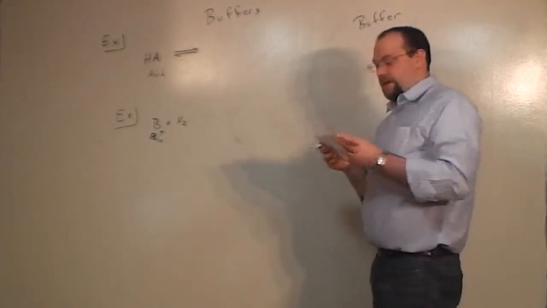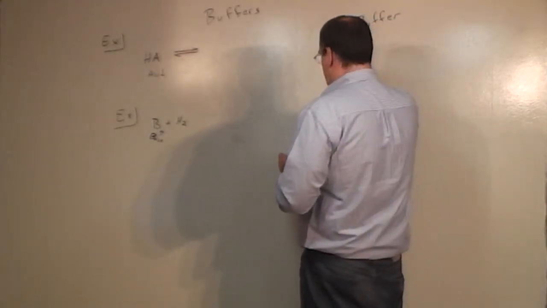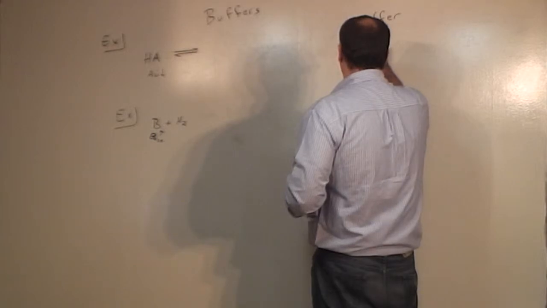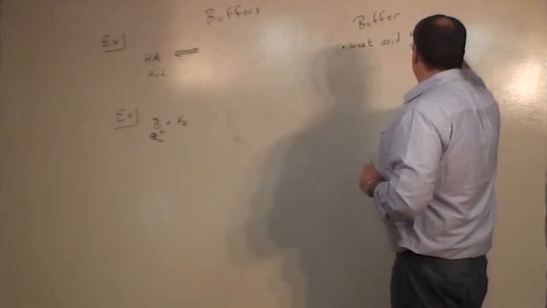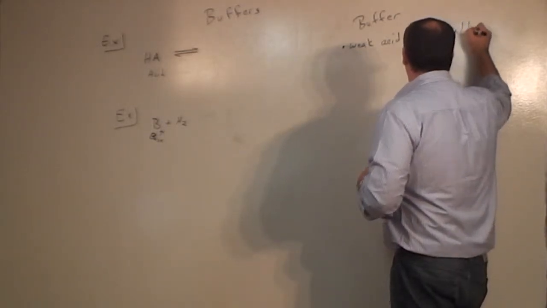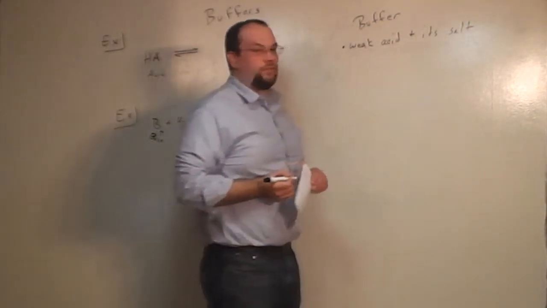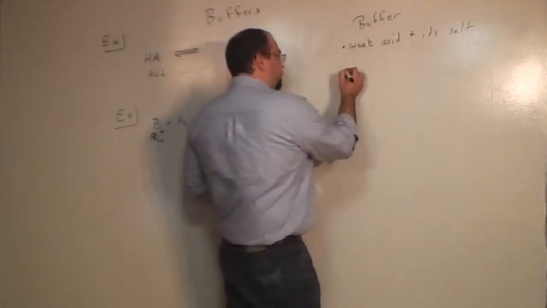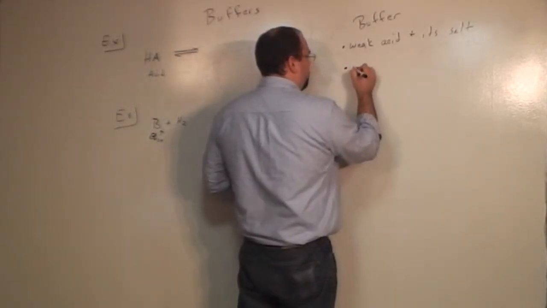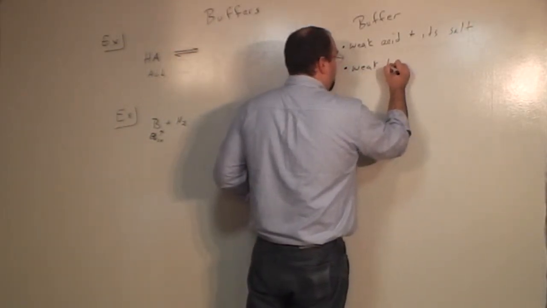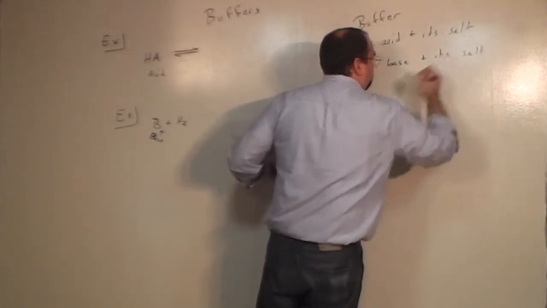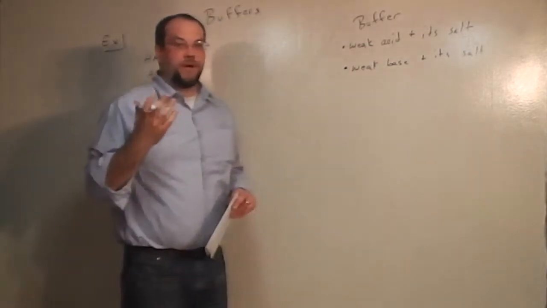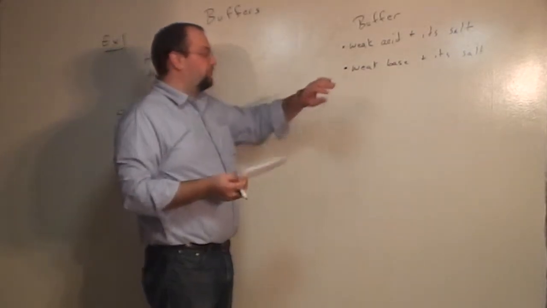One way is just taking a weak acid and putting it with its salt. Another one, might not shock you, is to take a weak base and put it with its salt. So those are the two main ways.